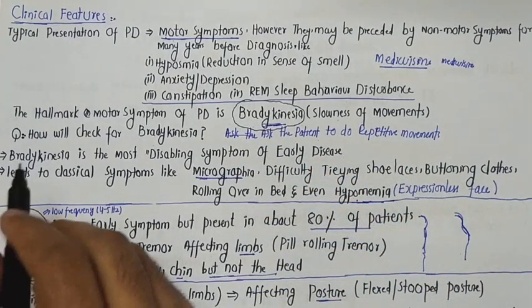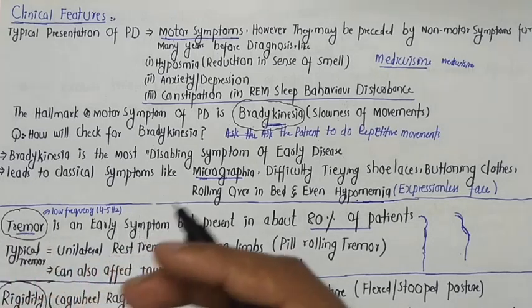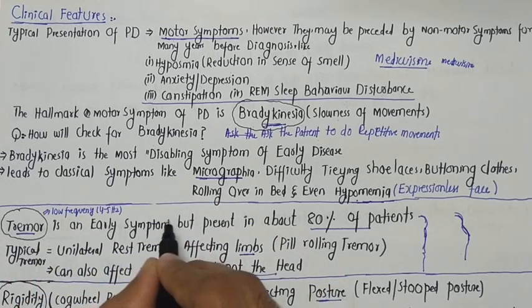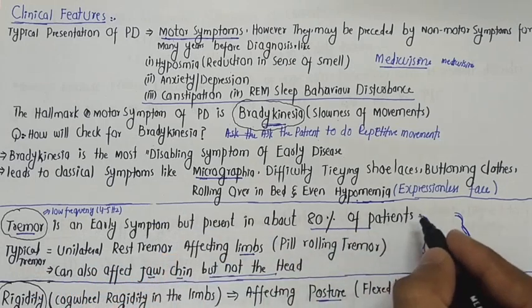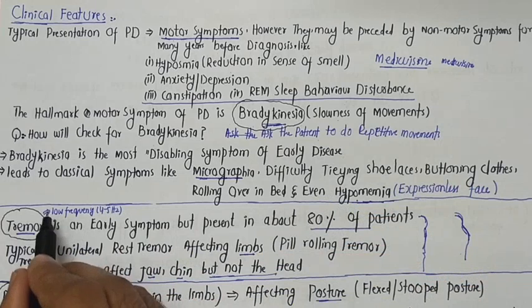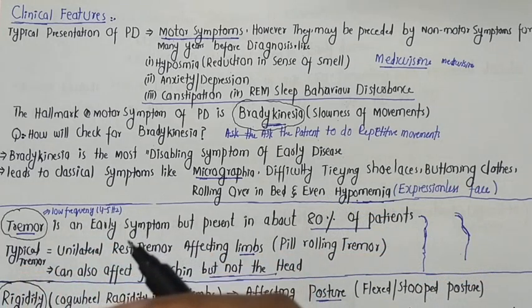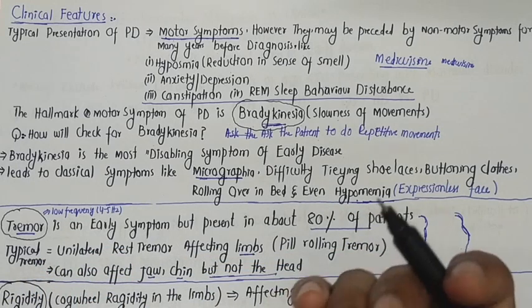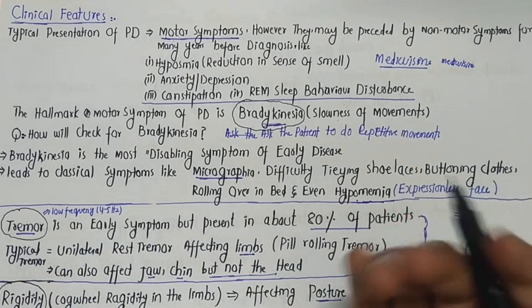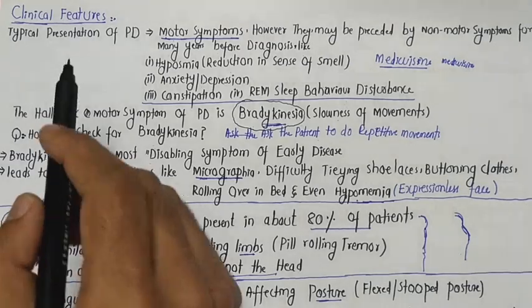So moving on to the second clinical feature, which is tremor. Tremor is an early symptom present in about 80% of patients. So in 20% of patients, the tremor may be absent. But in many patients, the tremor will be the dominant symptom for many years. The typical tremor will be like a unilateral wrist tremor.